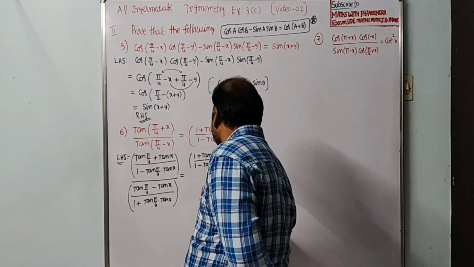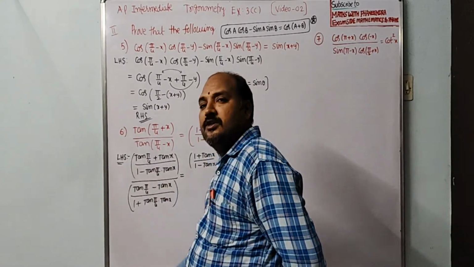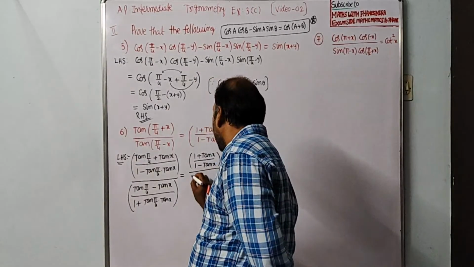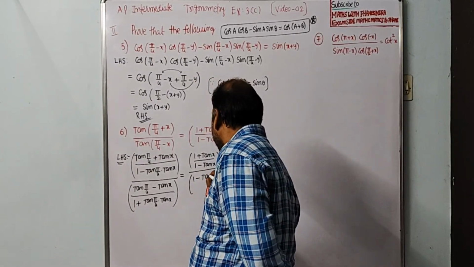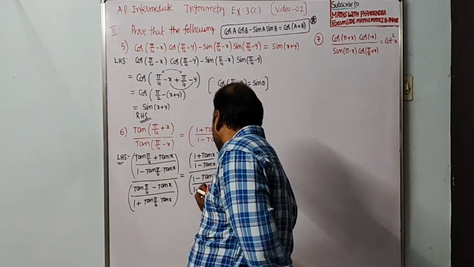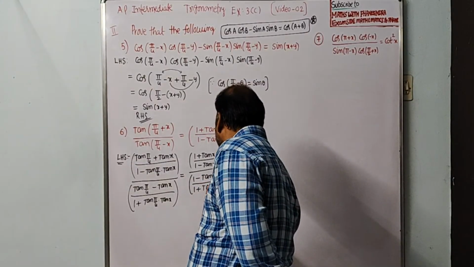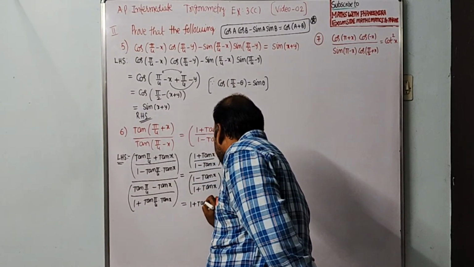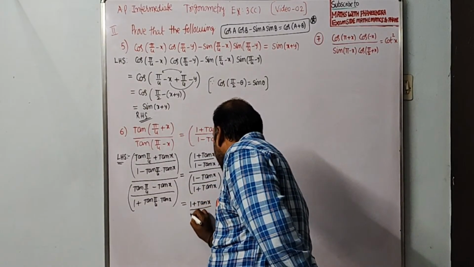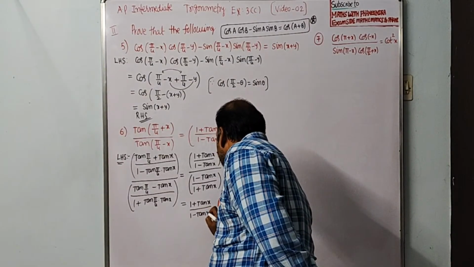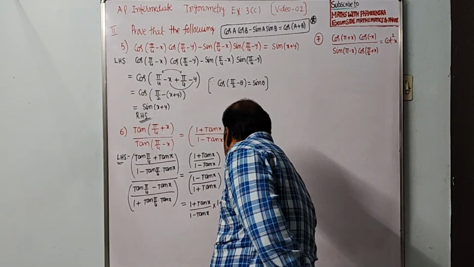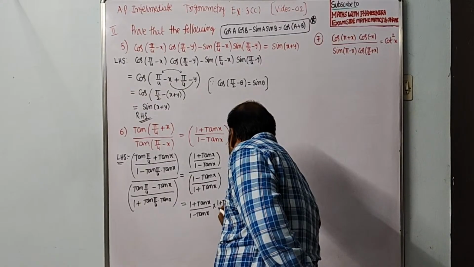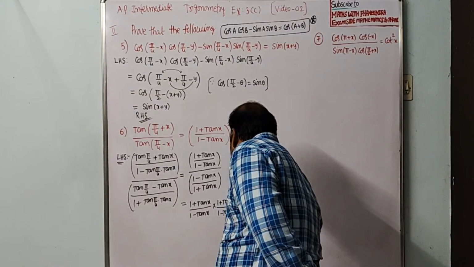So which is equal to 1 plus tan x divided by 1 minus tan x. Why? Because tan pi by 4 value is 1. Divided by 1 minus tan x divided by 1 plus tan x. So which is equal to 1 plus tan x divided by 1 minus tan x into 1 plus tan x divided by 1 minus tan x.